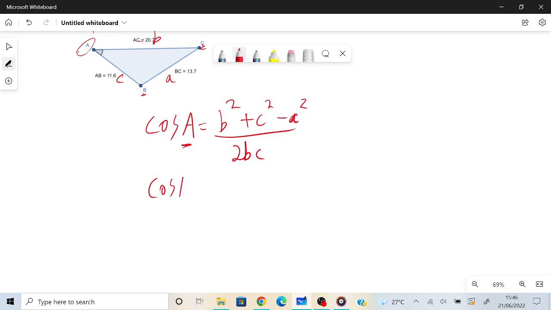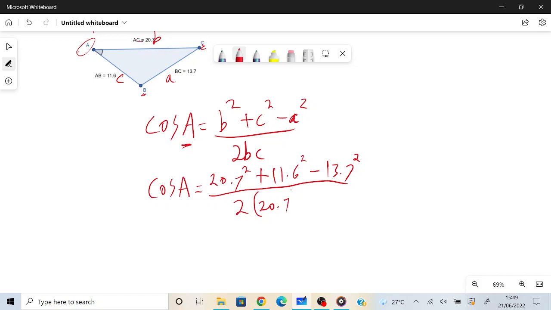We have cos A equals to b squared, our small b squared is 20.7 squared, plus small c squared, that's 11.6 squared, minus our small a squared, that's minus 13.7 squared, all over 2 into our small b, which is 20.7, into our small c, which is 11.6.